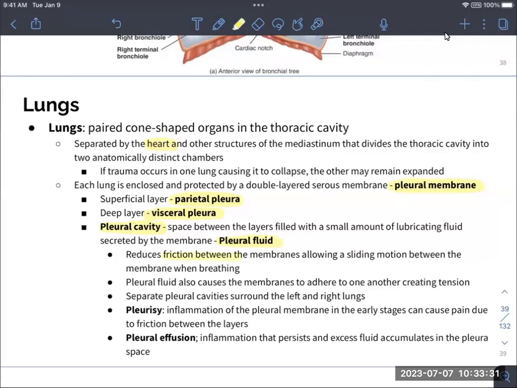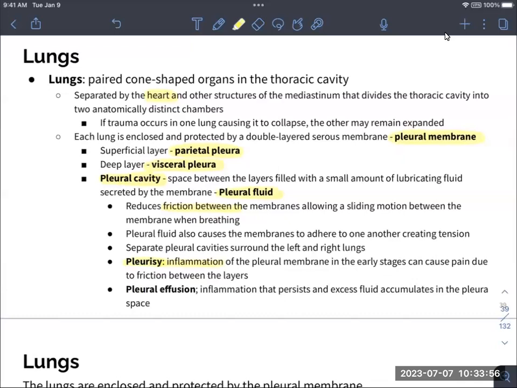That fluid can cause the membranes to actually stick to each other and create tension. Pleurisy. What if that pleural membrane gets inflamed?